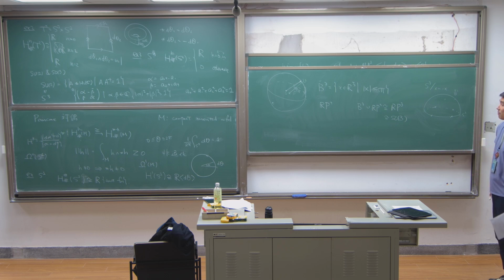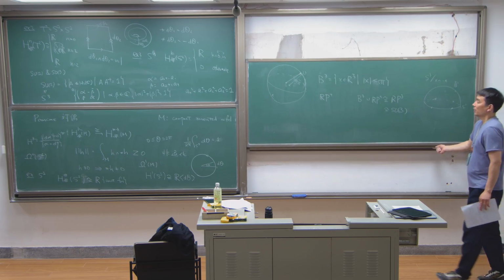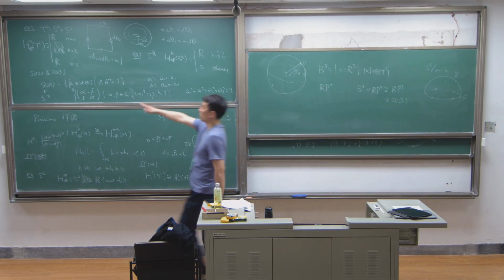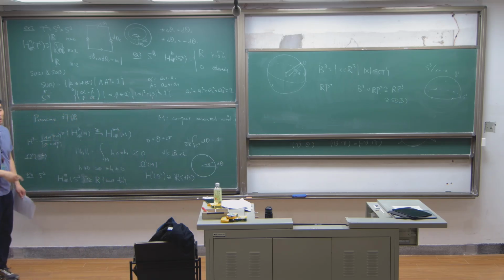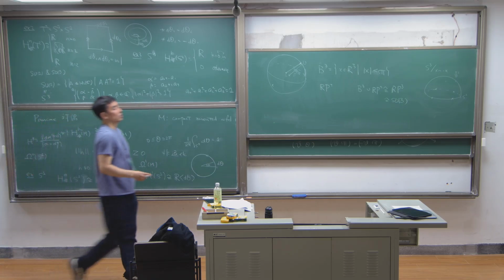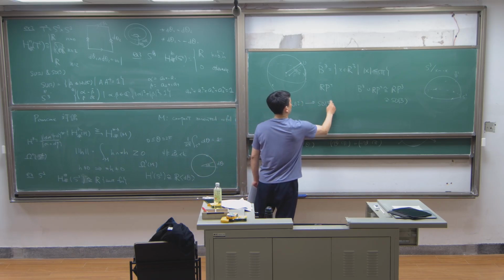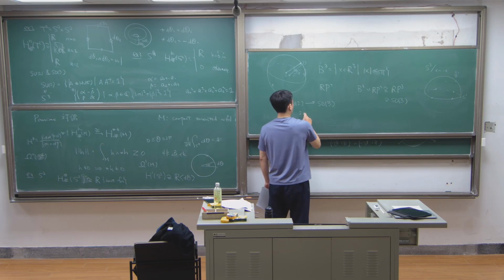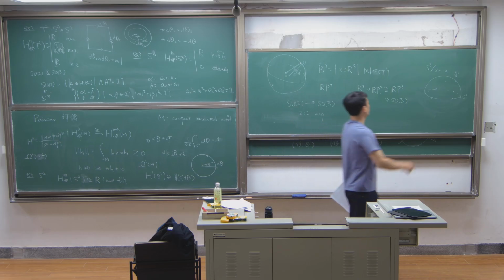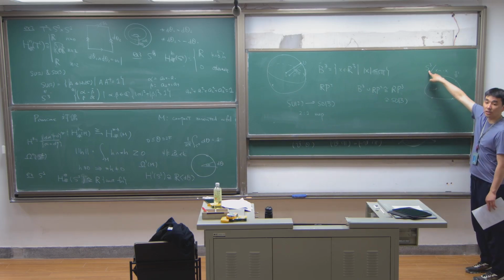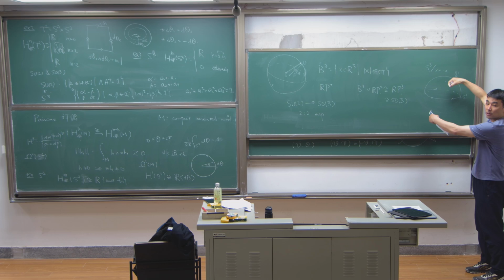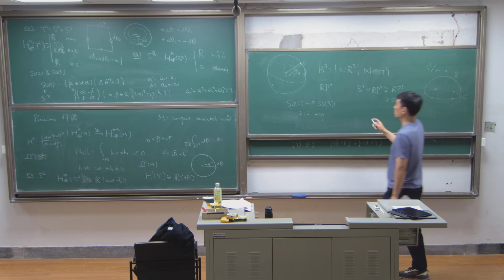SO3 as a manifold is diffeomorphic to RP3. And we know SU2 is diffeomorphic to S3. Therefore, you can have a double covering. SU2 to SO3 is a 2-to-1 map, because SO3 is RP3, and RP3 is just S3 mod the identification of opposite points. So this is called double covering.